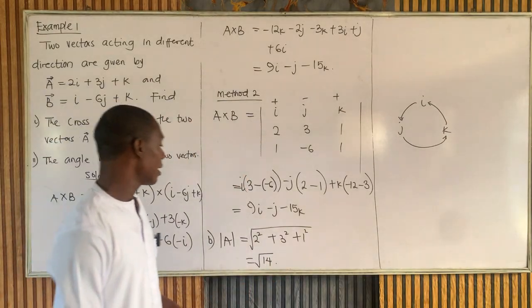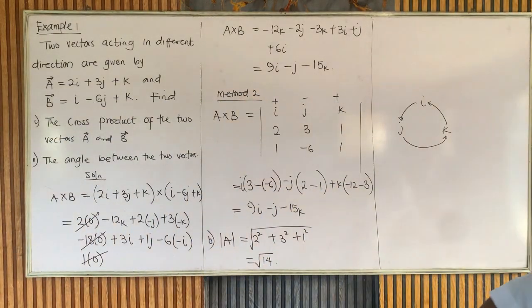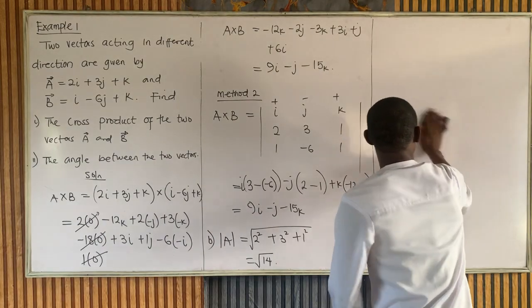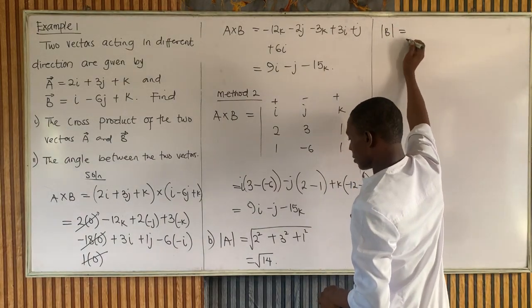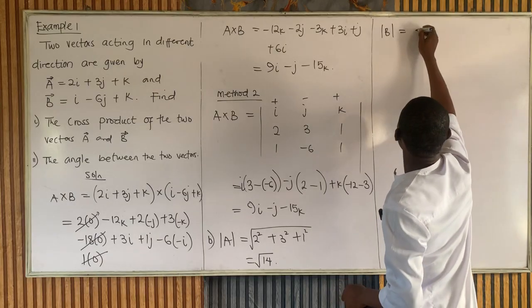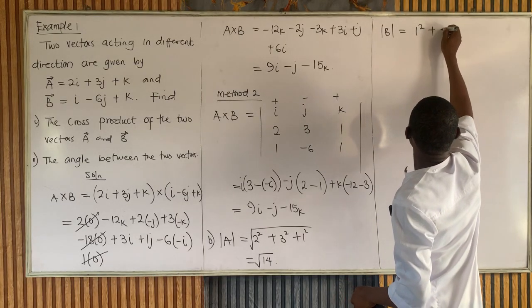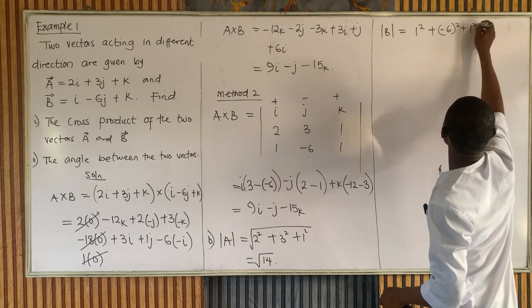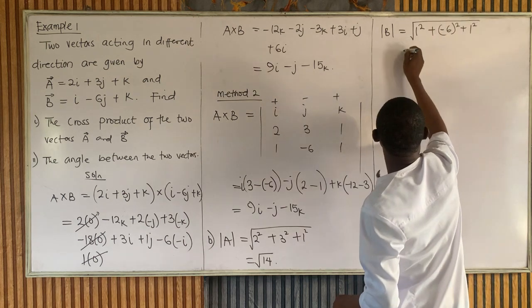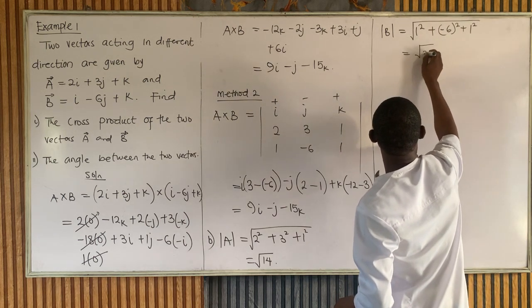So again, let's look for magnitude of B. Magnitude of B is going to give us the square root of 1 squared plus minus 6 squared plus 1 squared. This is going to give us root of 38.